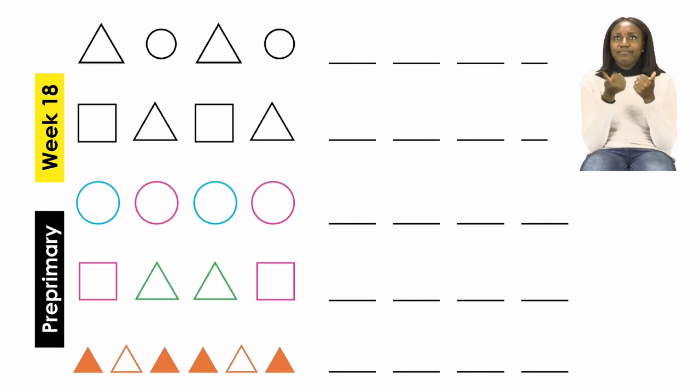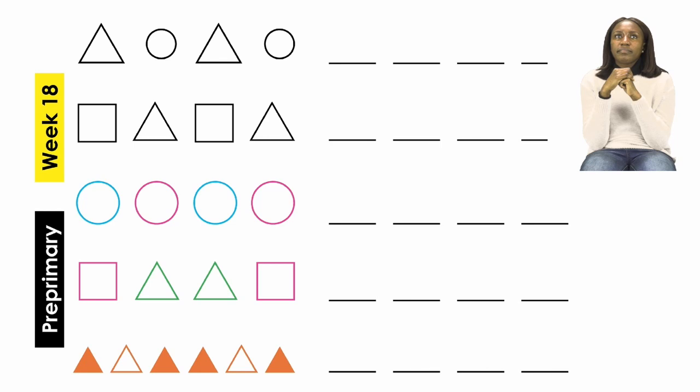Well done. What is the second shape in this pattern? A triangle. And the third shape? It's another square. And after that one, you have another triangle.